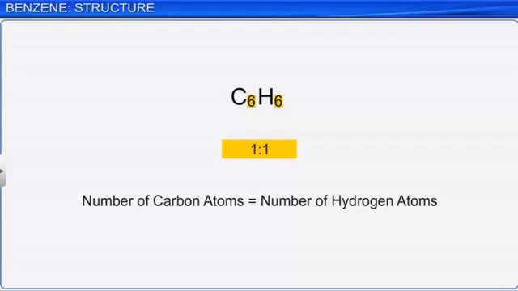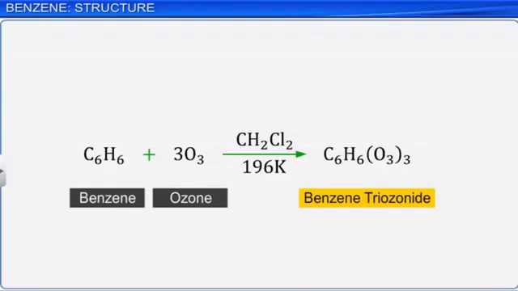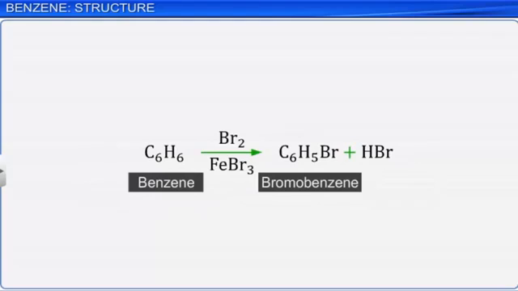When benzene is treated with ozone, it forms triozonide. The formation of triozonide indicates that it has 3 double bonds. Further, it produces only one monosubstituted derivative, which indicates that all its 6 carbon and hydrogen atoms are equivalent.